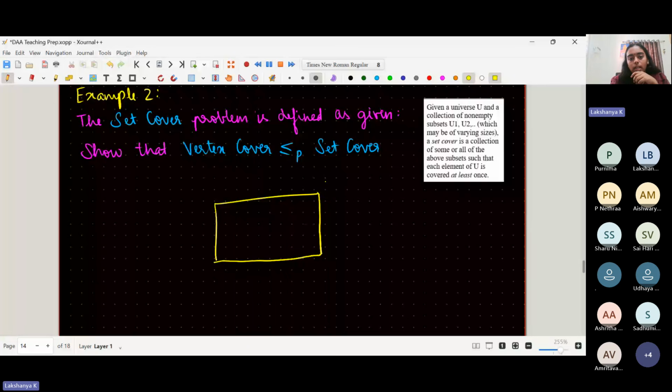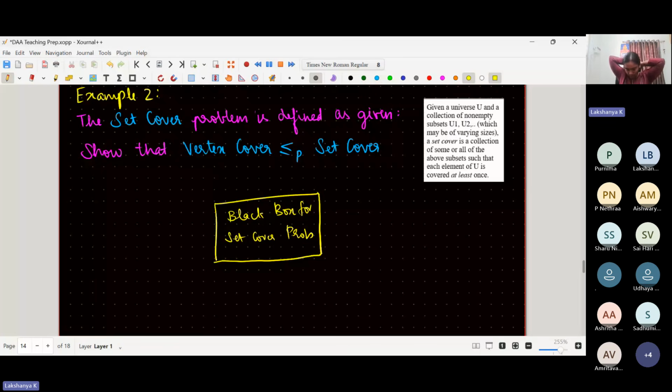What I'm trying to ask is, I want to solve vertex cover. So you have a machine, or a black box, for the set cover problem. So using this, can I somehow find out the vertex cover?